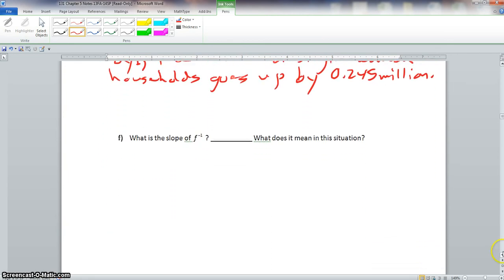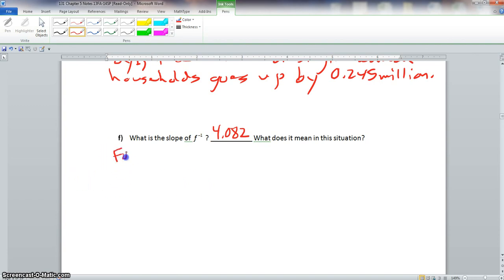Now we're asked here, what is the slope of the inverse of f? Now we're going to write down the approximation, which is the 4.082. Now you could have written down a fraction of 1 over 0.245.